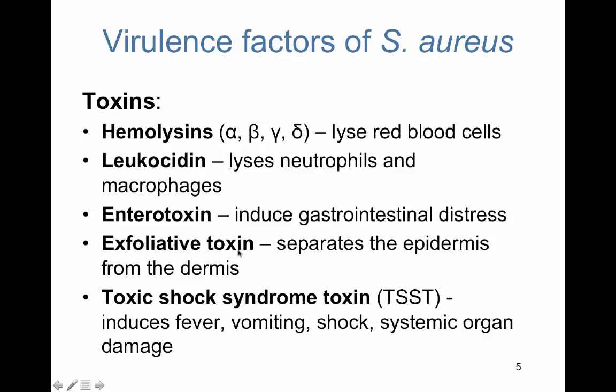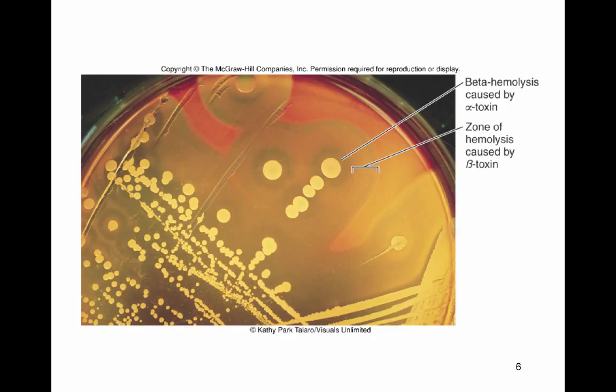So in the case of scalded skin syndrome, this toxin will function to separate the epidermis from the dermis. Also, cases of food poisoning show expression of enterotoxins, which will induce GI distress, or even TSST, which is toxic shock syndrome toxin, which can induce fever, vomiting, shock, systemic organ failure, and can lead to death.